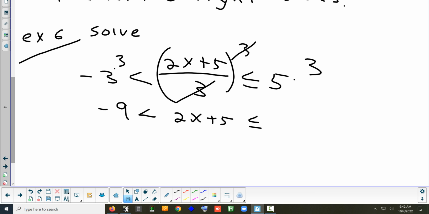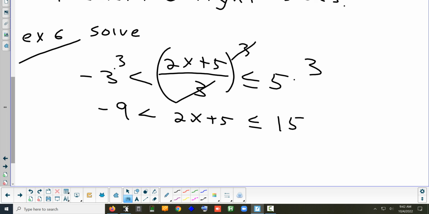And Aiden, on the right, what did we have originally? 5. And what did we multiply the 5 by? 3. So 15. Now we have 15 on the right.